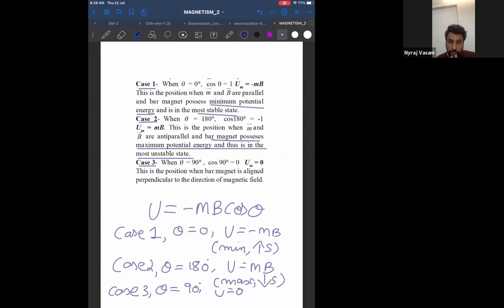And when theta equals 90, the answer is 0, and it is perpendicular. Did you understand case 1, case 2, case 3 from our general formula? Therefore, write it as it is in the text, or you can write whatever I have given below that. But you should know the 3 cases, when theta is equal to 0, 90, 180.